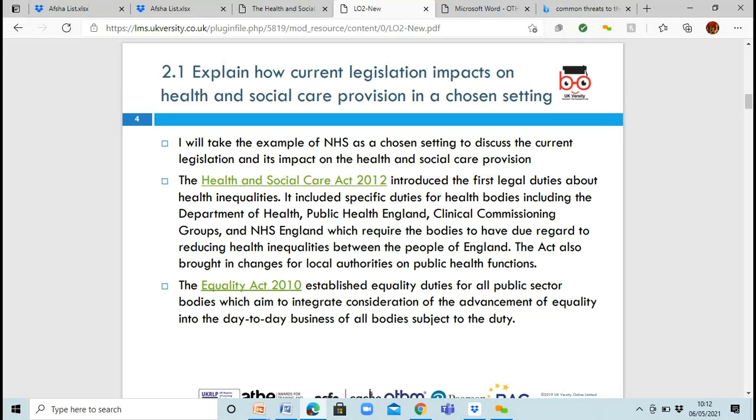So it's equality within colleagues and staff. There's equality for patients to make sure that everybody's dignity, diversity and all their needs are being met, regardless of where they come from, how they talk, what language they speak.